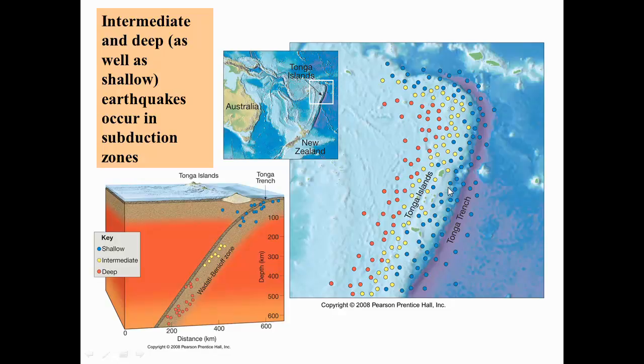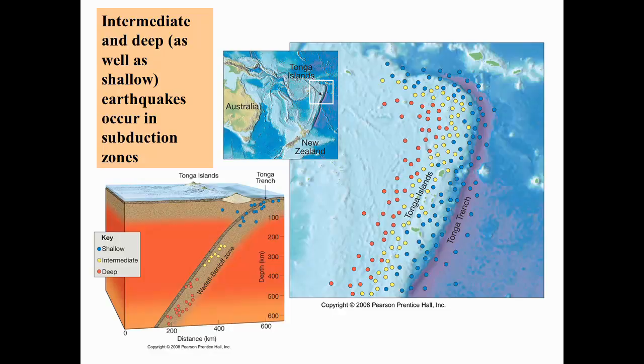And as we would expect, the blue dots, the shallow earthquakes, plot closest to the trench. Further from the trench, we encounter the intermediate yellow earthquakes. And finally, furthest from the trench are the epicenters of the deep earthquakes.